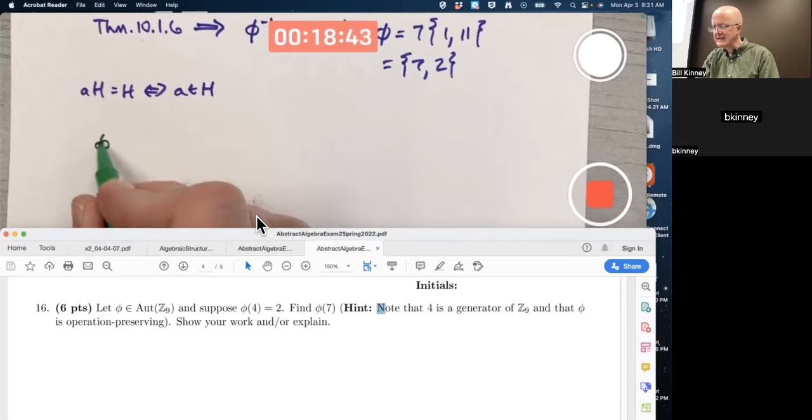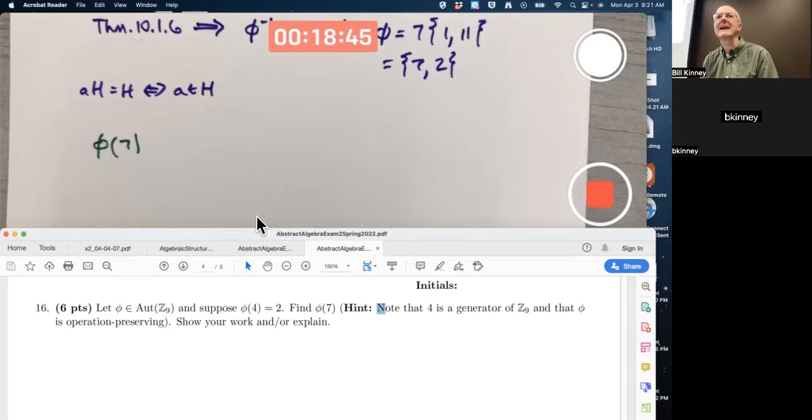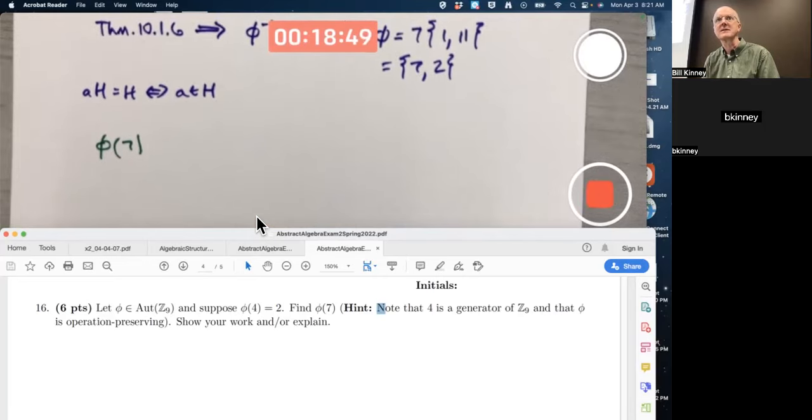I hope you realize it's useful to try to write 7 as a bunch of 4s added together. 4 is a generator, so some number of 4s added together should give you 7 mod 9. 4 plus 4 does not. 4 plus 4 plus 4 is 12, mod 9 is 3, does not. 4 4s gives you 16, mod 9 is 7.